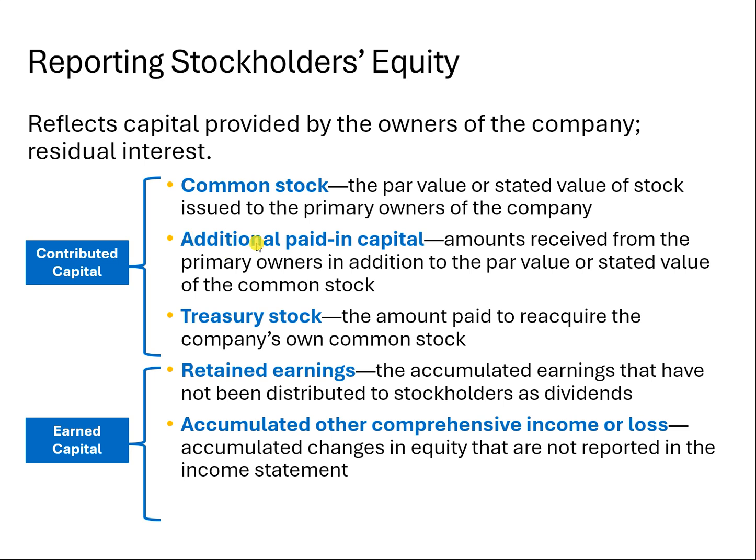Okay. And we have additional paid-in capital. Those are the amounts received from the stock issuance in excess of the par value. So we're going to talk about those things later, how we're going to record transactions for stock issuance.